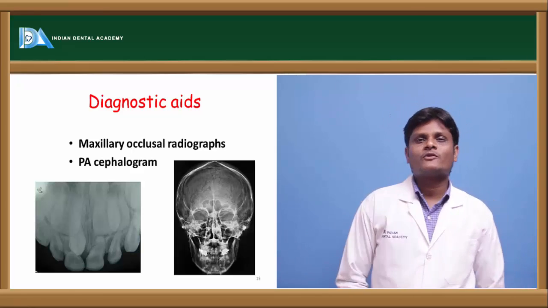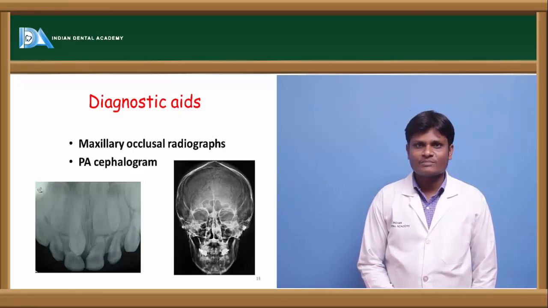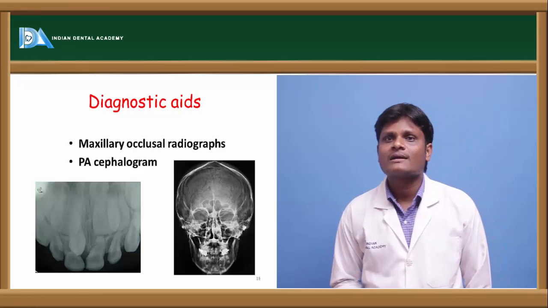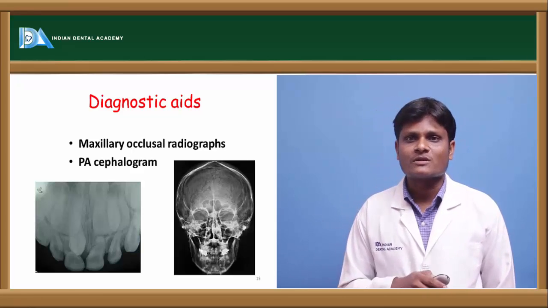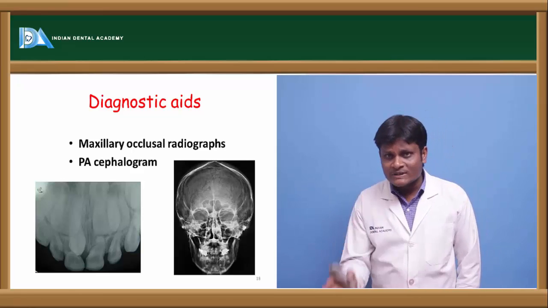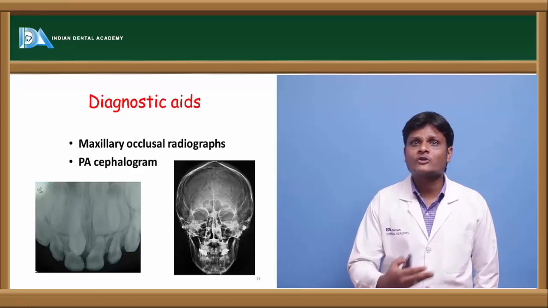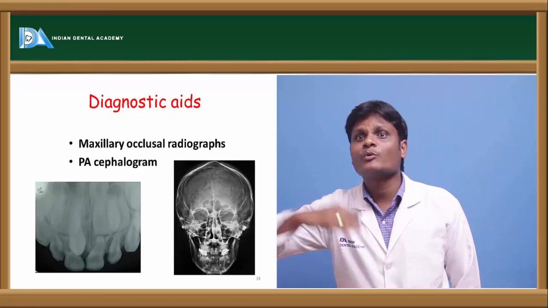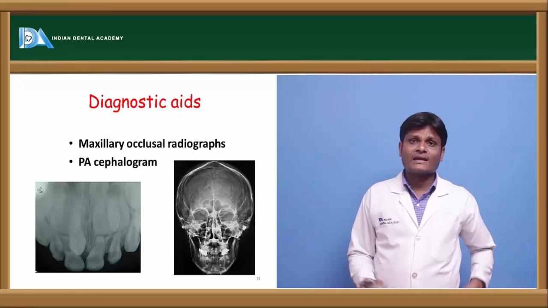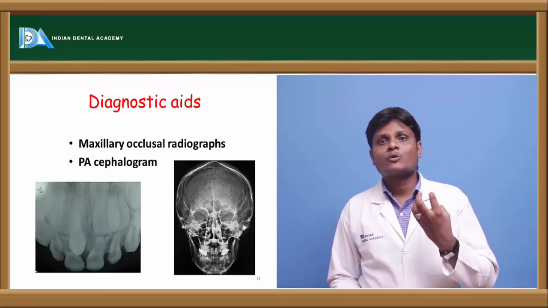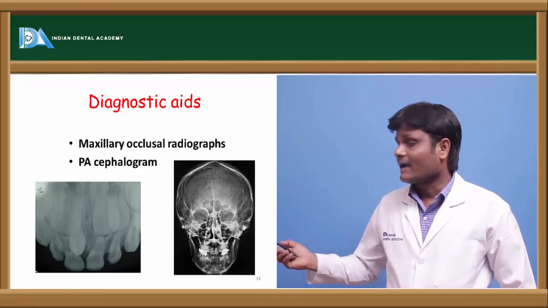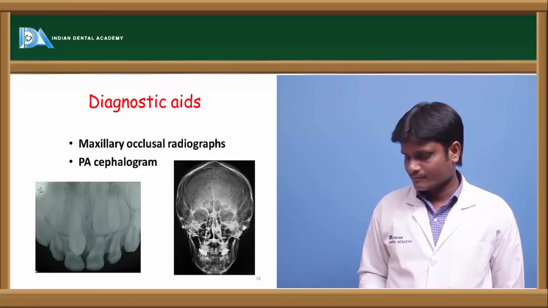The posterior anterior cephalogram gives you an estimate of the crossbite that is present, and the occlusal radiograph will give you information regarding the ossification of the mid-palatal suture. So these two are important diagnostic aids before the treatment, during the treatment to evaluate the effect of the rapid maxillary expansion, and also post-treatment. So the main diagnostic aids essential when we are going for rapid maxillary expansion are the occlusal radiograph of the maxilla and the posterior anterior cephalogram.